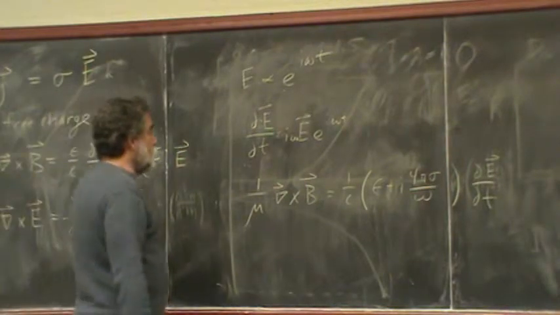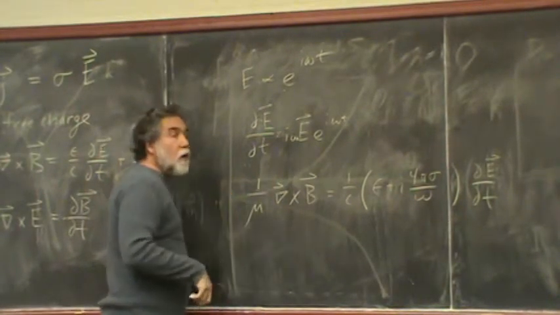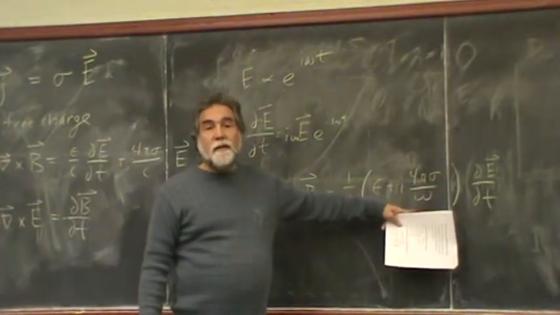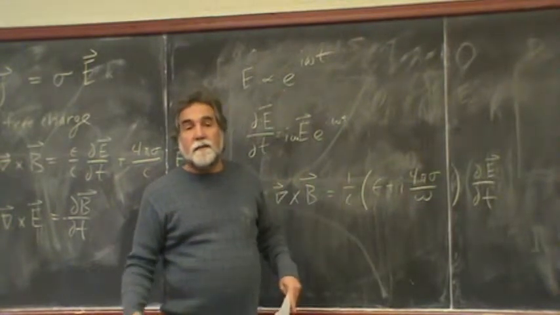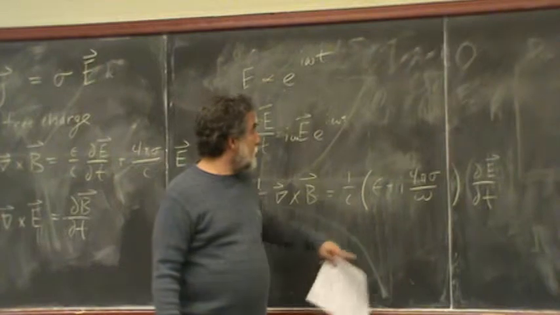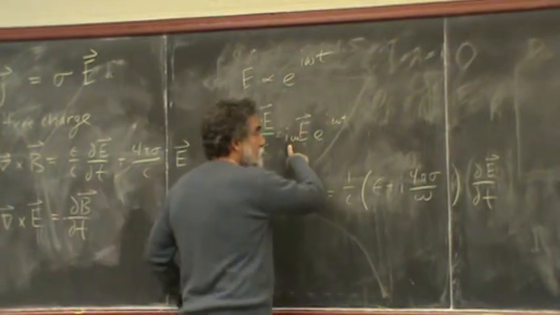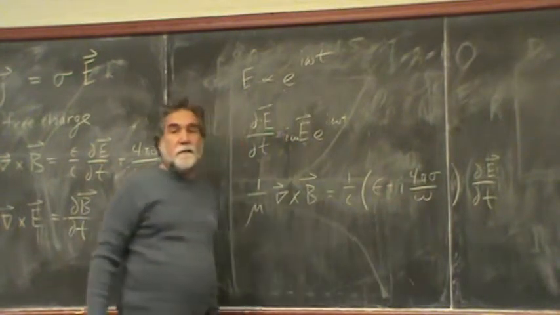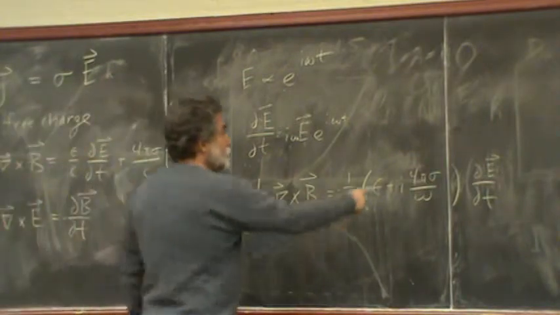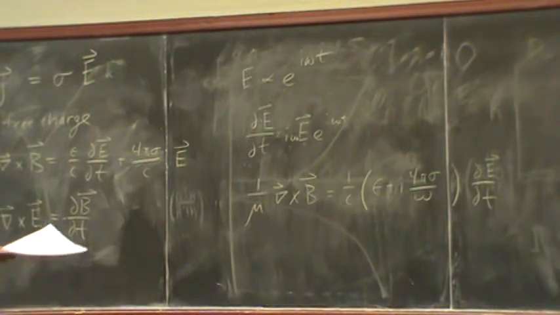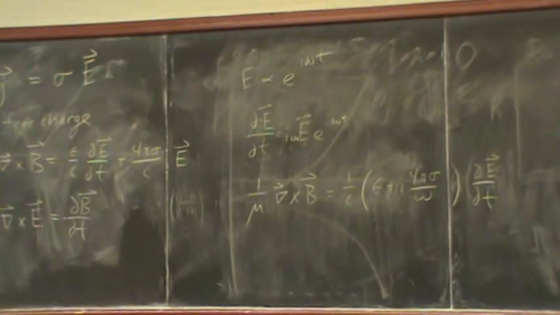Okay, so I've got my old Ampere-Maxwell law, and I've got this extra term in here that comes from the induced current due to the presence of the field. Because I've gone from E to dE dt, I've introduced a factor of i in there. But this sigma E was just the current. So what I've got looks a lot like the old Ampere-Maxwell law in the absence of free charge.